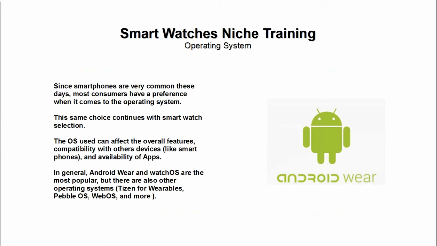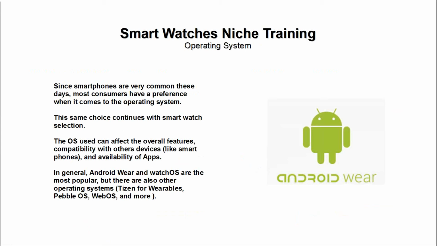You obviously have some people that are very devoted to the Apple brand and have an iPad, an iPhone, and therefore would likely end up wanting to get an Apple Watch. But then you have other people that absolutely hate Apple because of the restrictiveness and the brand favoritism that goes on in that company. And a lot of these people end up preferring Android instead.